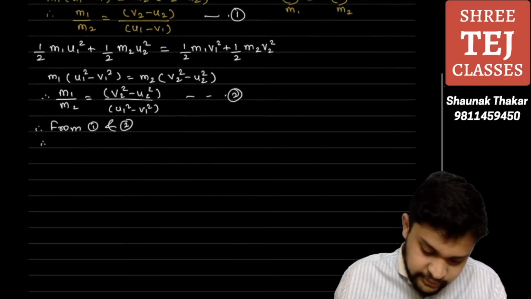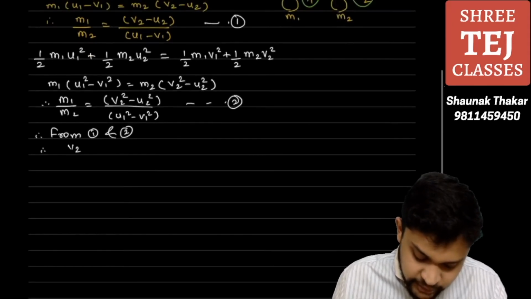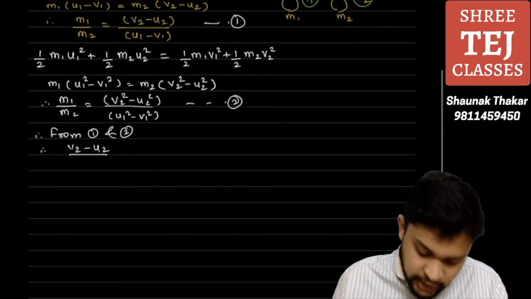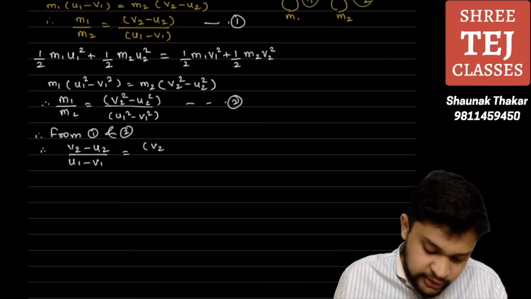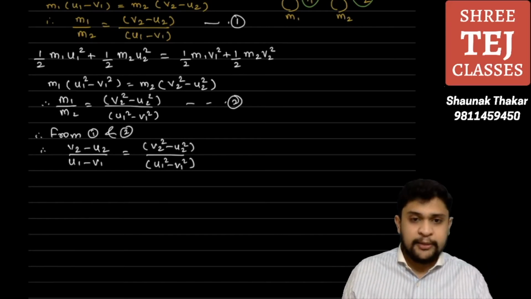Therefore (v2 − u2)/(u1 − v1) = (v2² − u2²)/(u1² − v1²).